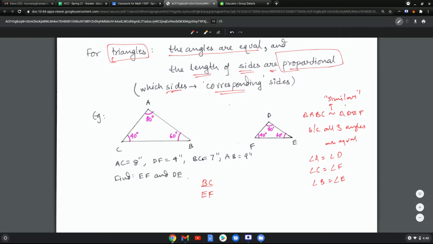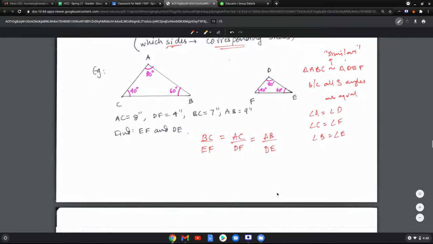So if I divide BC by EF, it should equal AC, which corresponds to DF, and it should equal AB divided by corresponding DE. And let's plug in some values.